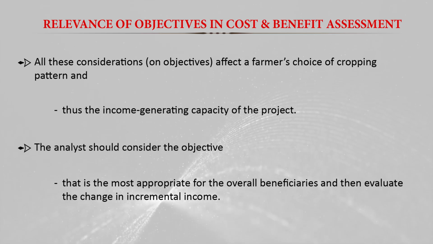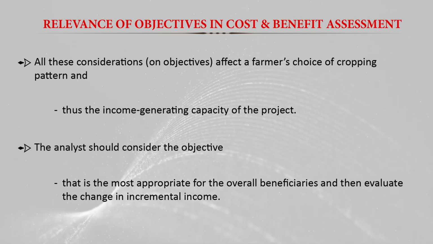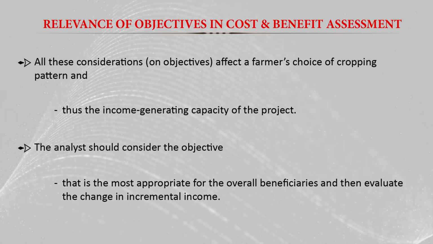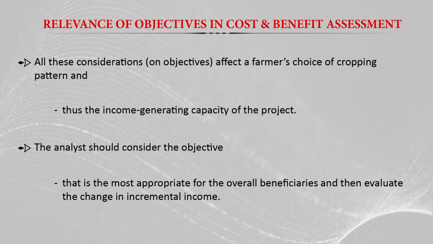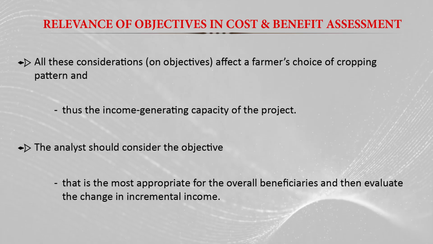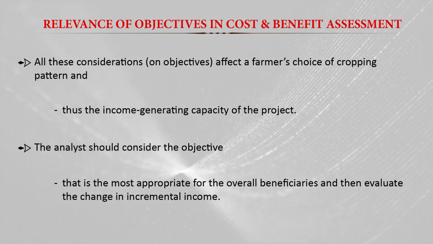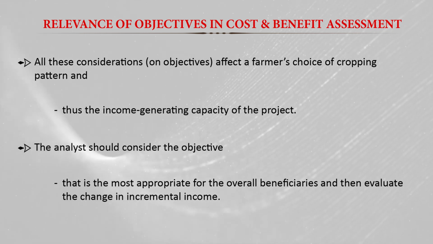So which objectives should be considered by the analyst? He should consider those objectives which are common to the maximum number of beneficiaries, and based on those objectives he should assess the cost and benefit of the project.